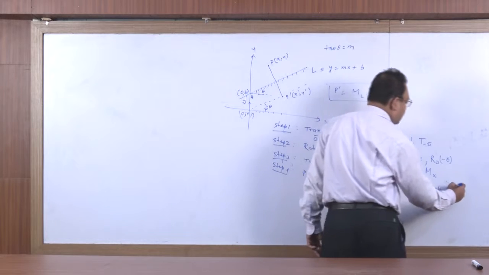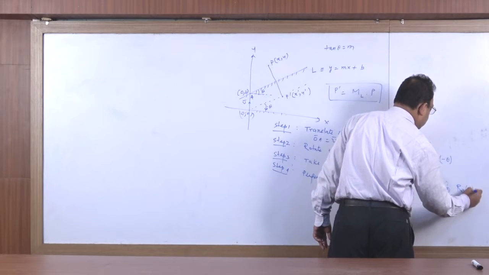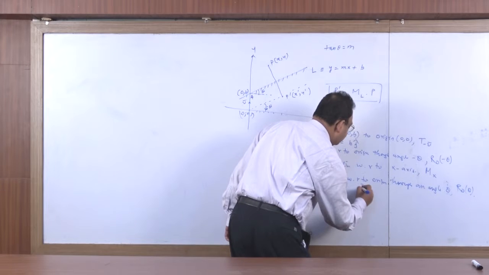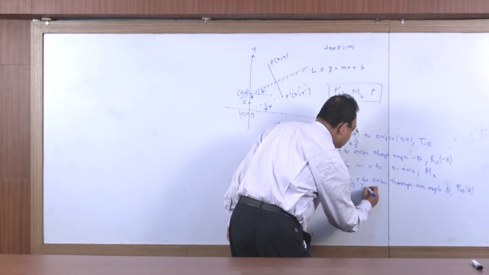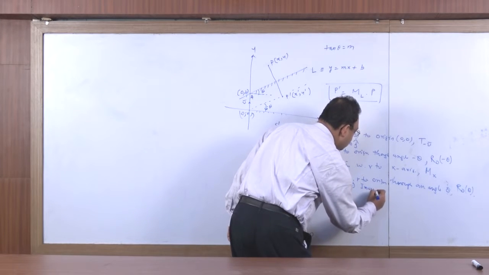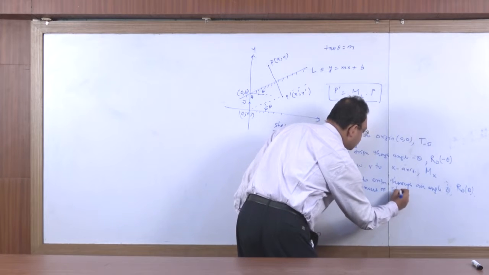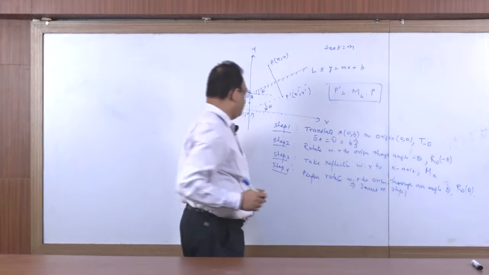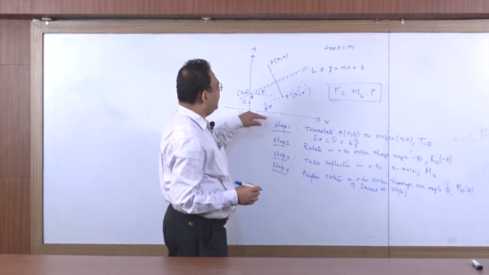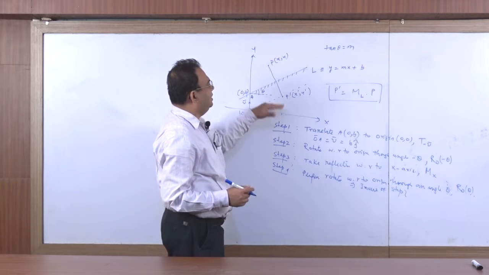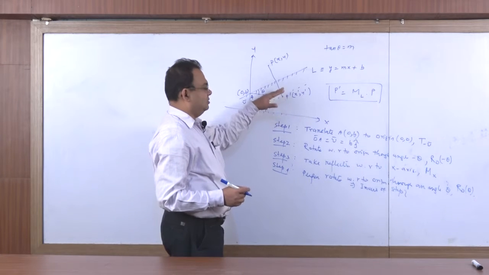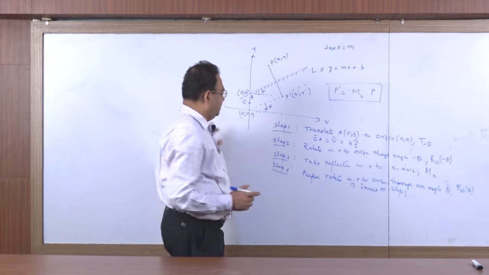So this is R 0 theta. This is nothing but the inverse of step 2. So after that, every point will be rotated again, and the transformations will be the same as this step.